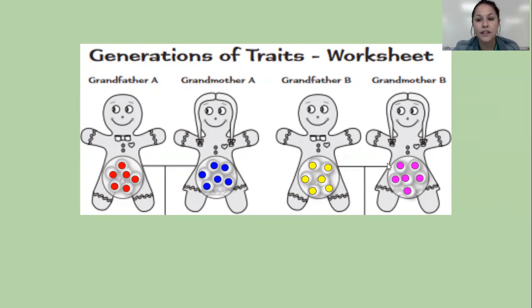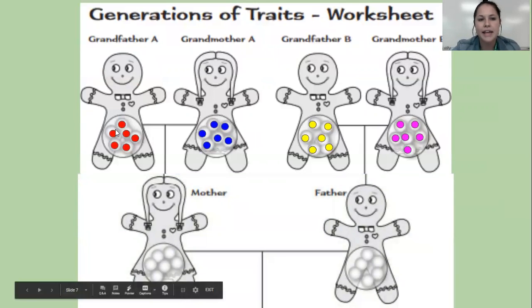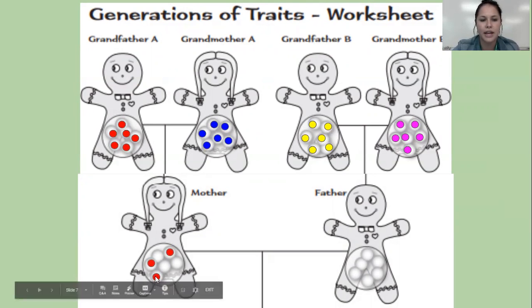So each of these traits represents a different thing, and we're going to see which of these traits are passed down to their children and then to their grandchildren. What I'm going to do to show how these pass down is I'm going to take 3 traits from grandfather A and 3 traits from grandmother A, and then I'm going to give them to the mother. So I took 3 here, and now I'm taking 3 from there.